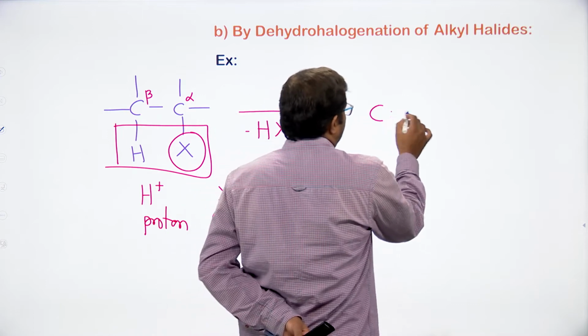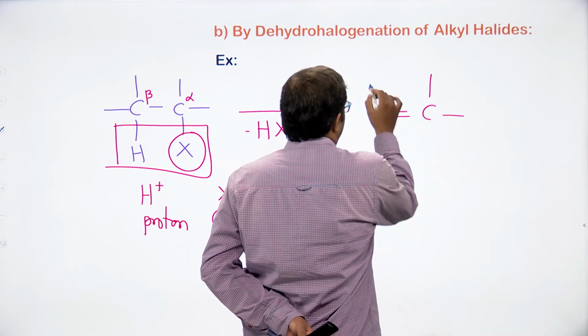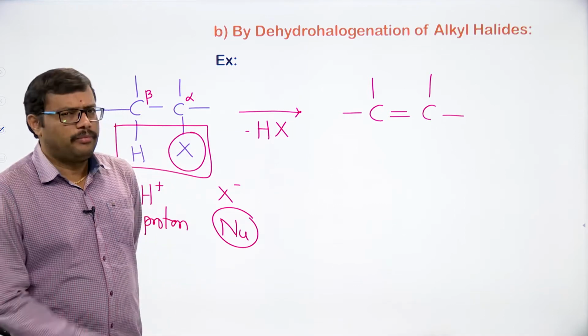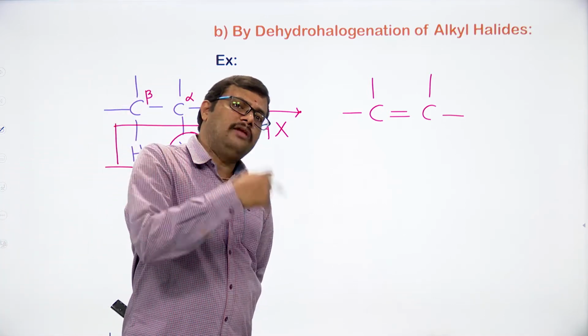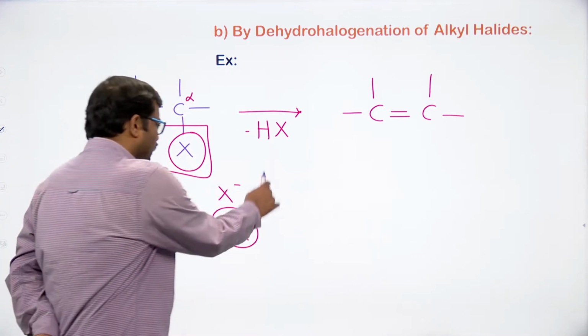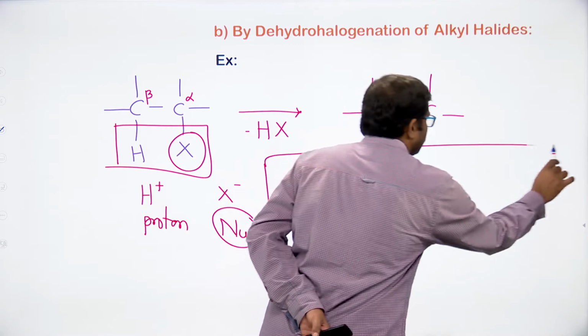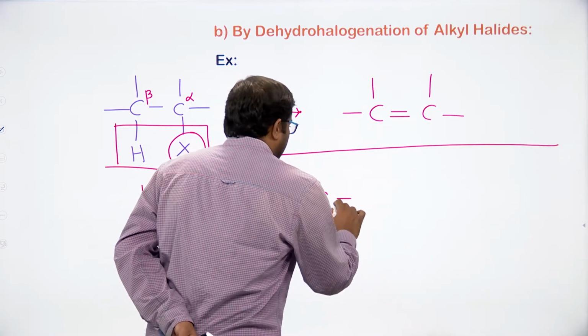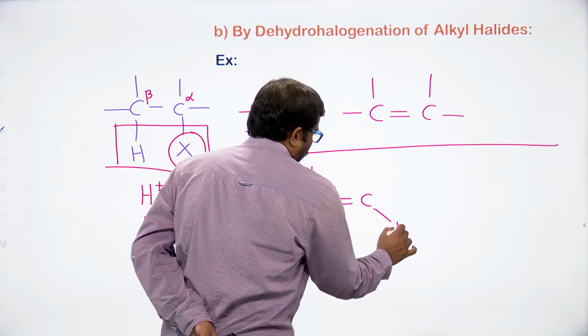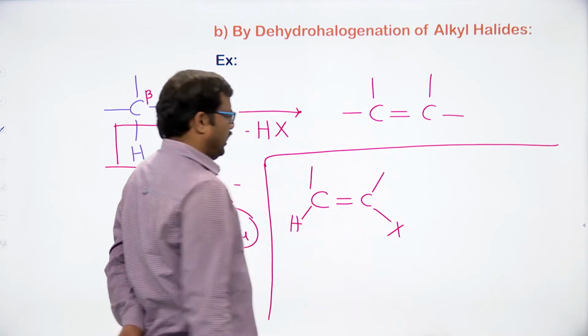Thereby, what are we going to get? We are going to get the corresponding alkene as a product. So, in elimination reactions, alkene or even alkyne formation may take place. How can we explain the alkyne formation? For example, let us take one more moiety this way, which has one halogen and one hydrogen on it.